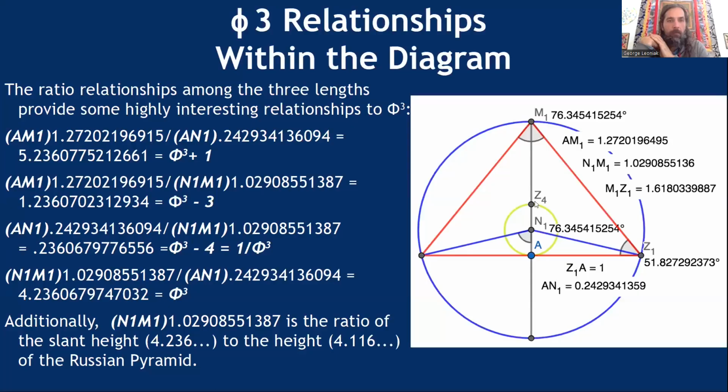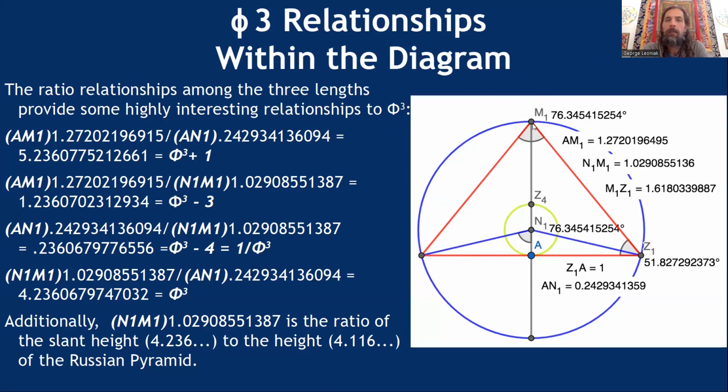I took your diagram, George, and basically all I did was to say, well, let me do some ratio relationships here. And sure enough, I found phi cube relationships within this diagram, pretty much everywhere. So essentially, the ratio relationships among the three links, and let's define those three links again for everyone.